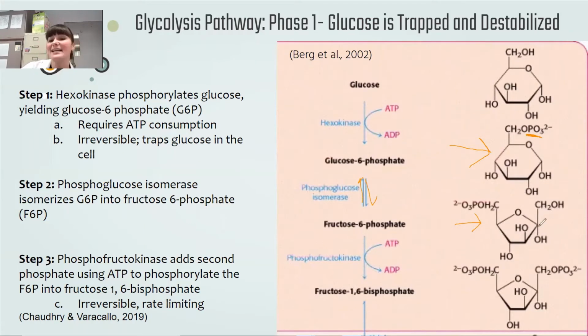But that additional carbon that was here is now getting pushed out of the ring. So this is the same carbon that was in the ring at the end of step one, but is now not part of the ring in the end of step two.